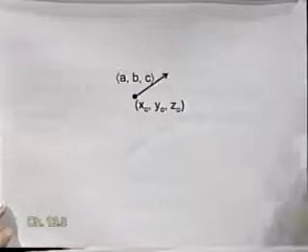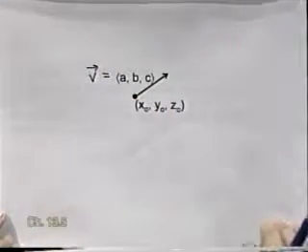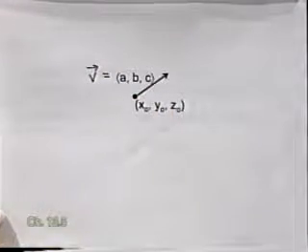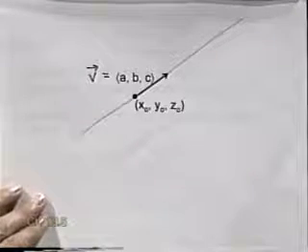So v is the direction that the line is going, and x naught, y naught, z naught is a point that's on that line. And if I went to draw the line, it would look something like that.